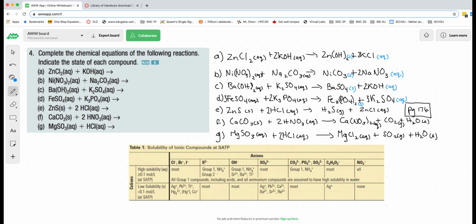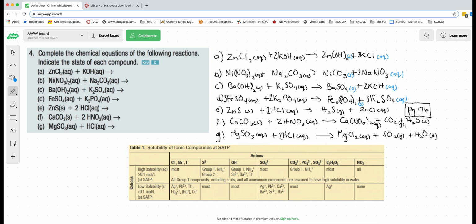So I already added in the states, and I've already balanced this, because H2S, hydrogen sulfide gas, is formed under these conditions, which is a sulfide with an acid to give me this, and then this is also going to be an aqueous compound formed. The second case is included in table 2 on page 176, where when you have a carbonate with an acid, this is nitric acid, you will produce carbon dioxide as well as water.